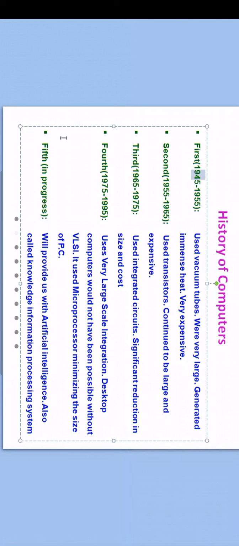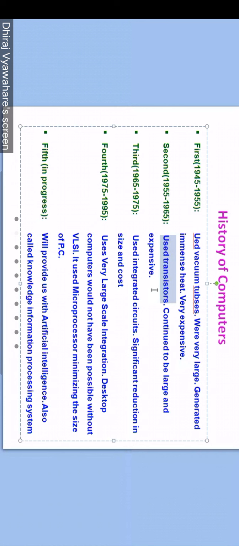So in order to reduce that, the second generation computer started in 1955 to 65. It uses what? Transistors. Instead of vacuum tubes, transistors came into existence. And due to the invention of the transistor, the size of the first generation computer got reduced.